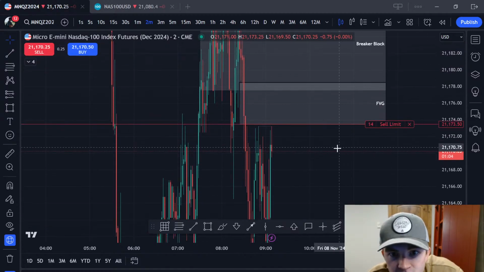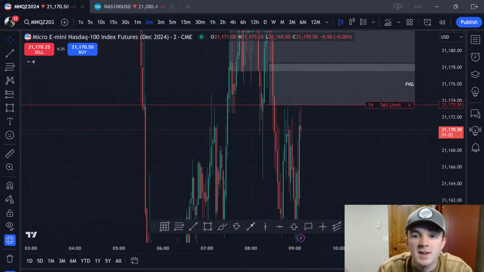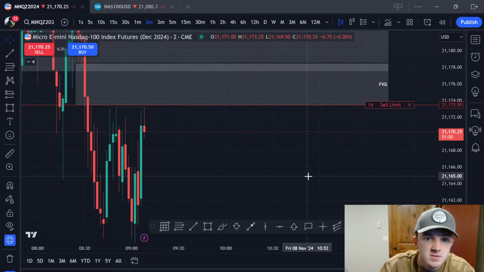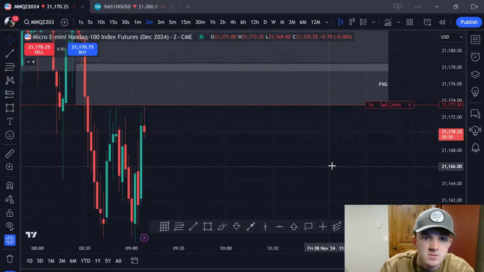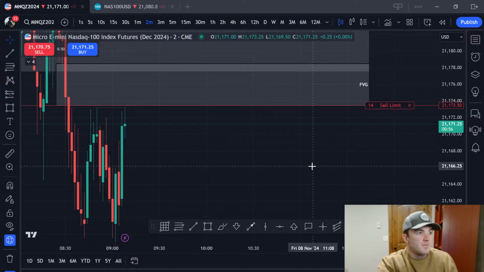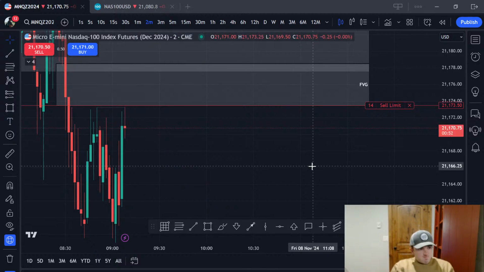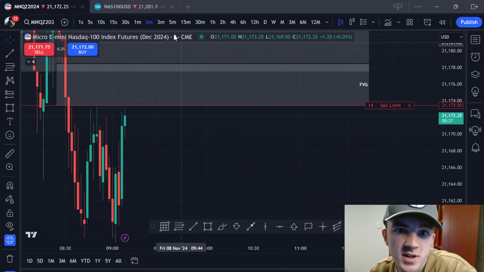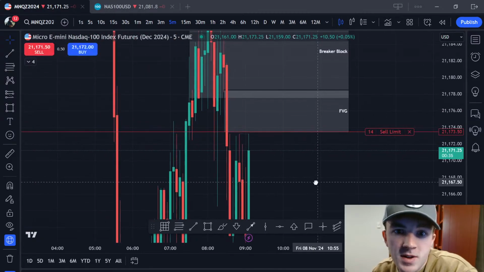What? Equal highs. But you guys get this trade, right? It's a breaker block for a value gap trade.